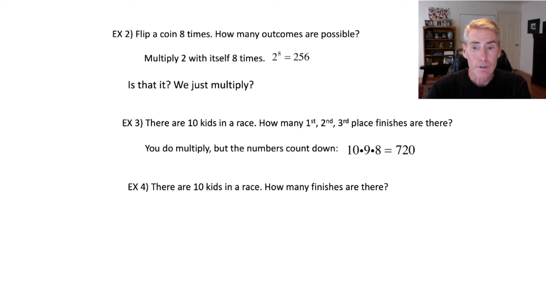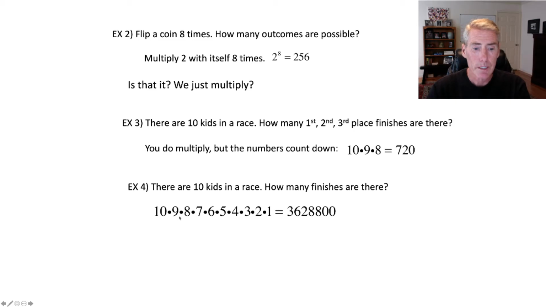Now, what if you're not just concerned with first, second, and third, but you want to stay at the race and watch everybody finish? Well, if you repeated that experiment over and over again, how many possible finishes are there? Well, then we'd start like the last one, 10 times 9 times 8, but then we would need to keep going until the very last child finished.